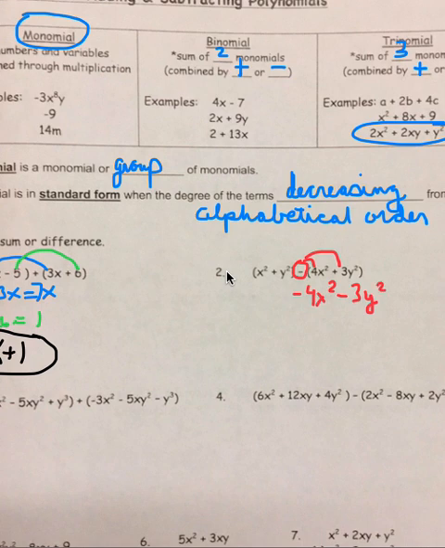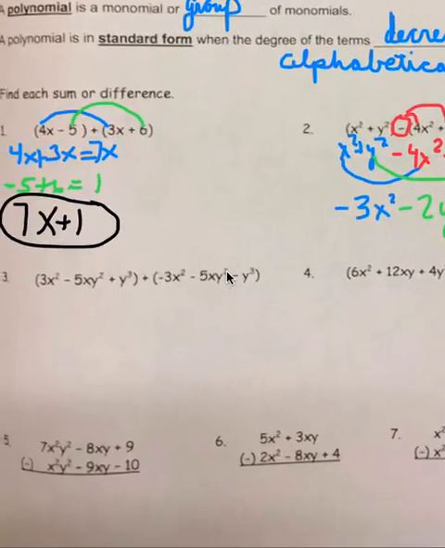And up front, x squared plus y squared stays the same. So now we want to combine our x squareds. So x squared minus 4x squared is going to be minus 3x squared. And then our y squareds with y squareds, minus 2y squared. Alright, so hopefully you see we want to combine like terms. That's something you're going to hear me use a lot in future lessons.